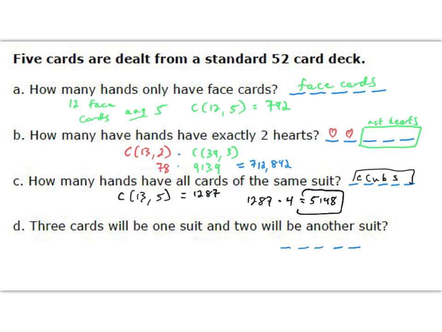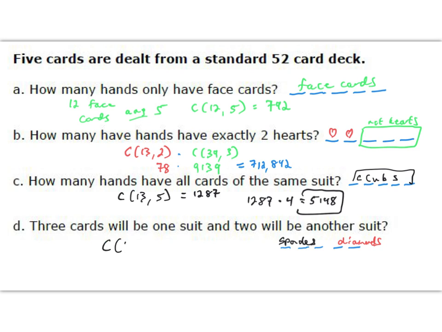Let's just not even try to do the glyph here. Let's just try to go ahead and do the writing. That might be better. Okay, so 3 cards will be spades, and let's just say that 2 cards will be diamonds.